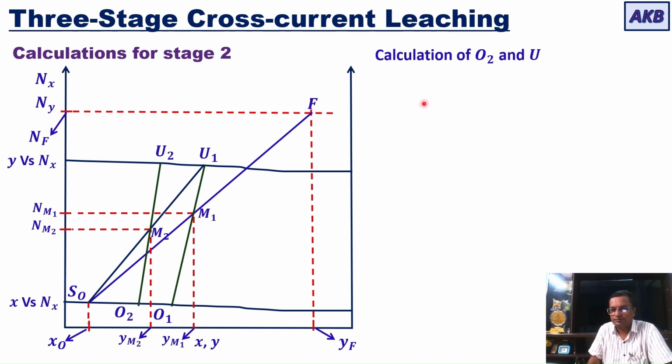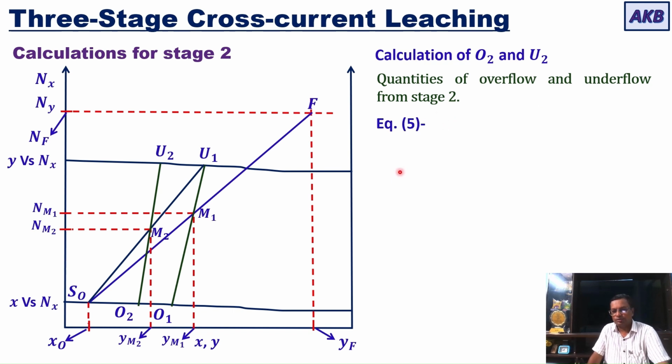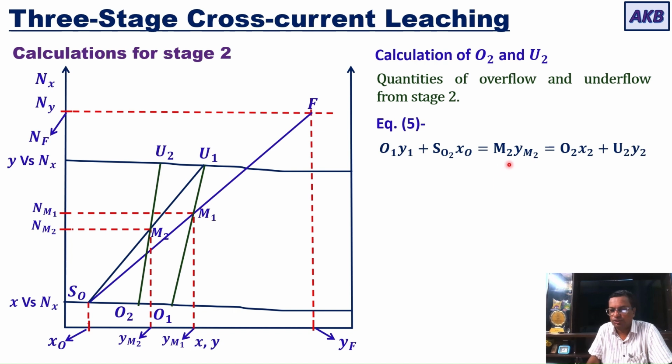So now finally we'll have to calculate quantities of O2 and U2, that is, quantities of overflow and underflow from stage 2. And for that we are going to use material balance equations. Equation 5 was written as O1 into Y1 plus S02 into X0, that is equal to M2 into Ym2, that is equal to O2 into X2 plus U2 into Y2.